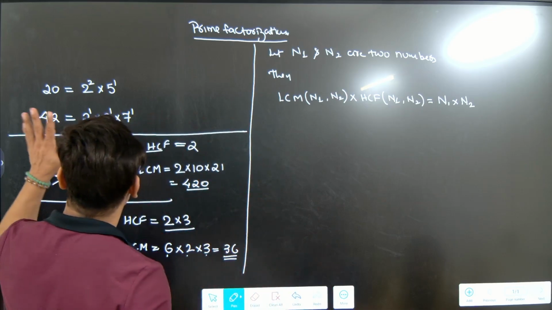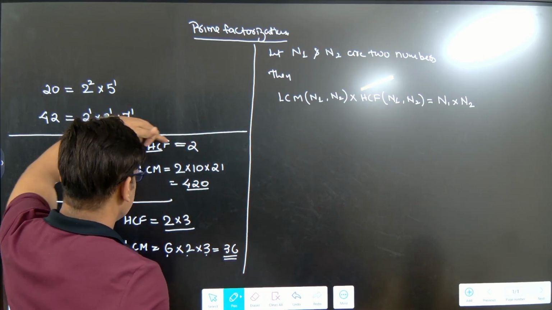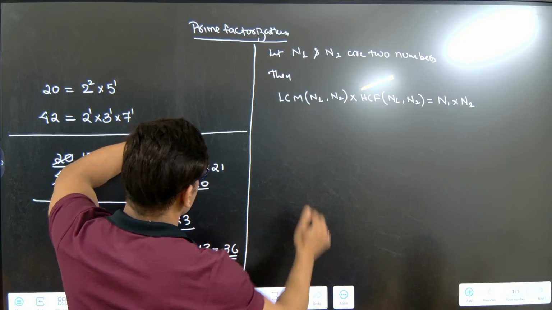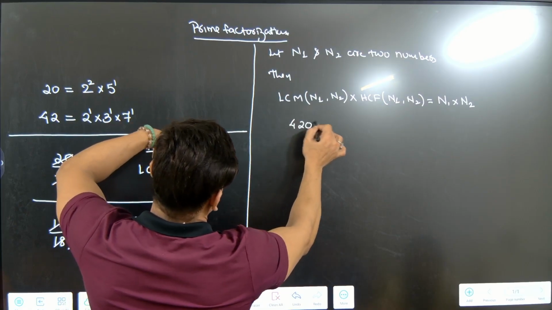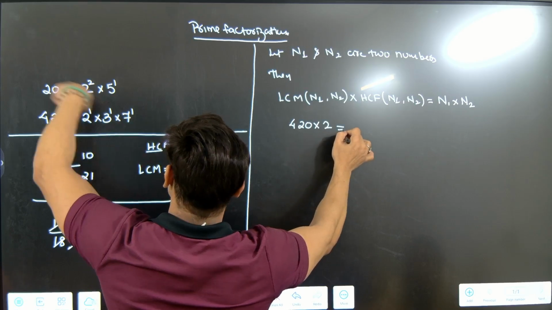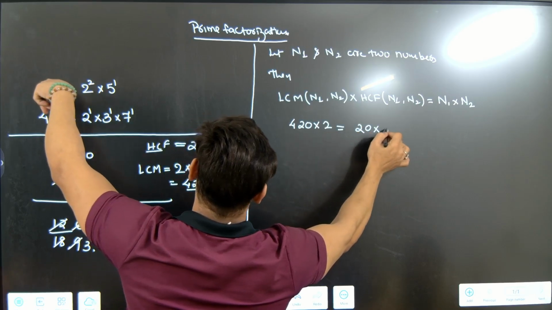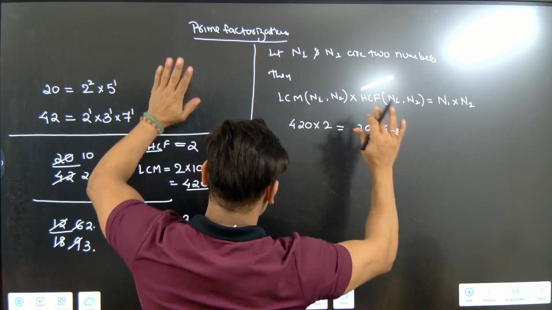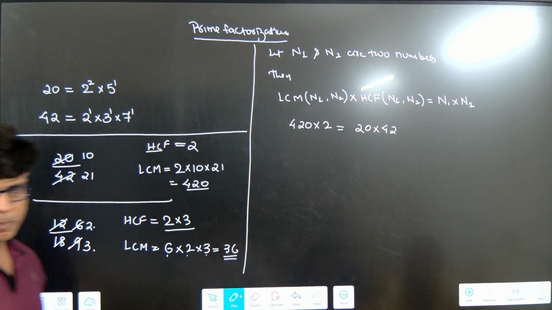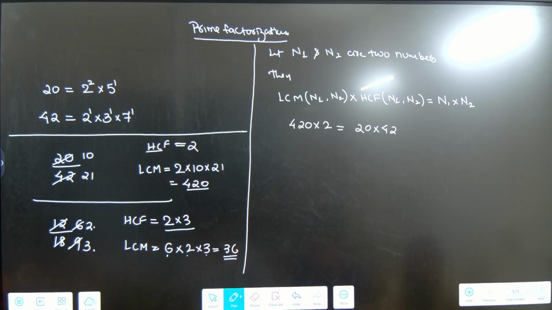In this case, what is your HCF and LCM? 420 into 2. What is N1? 20. N2 is 42. Check these two are equal now. 420 into 2 is what? 840.